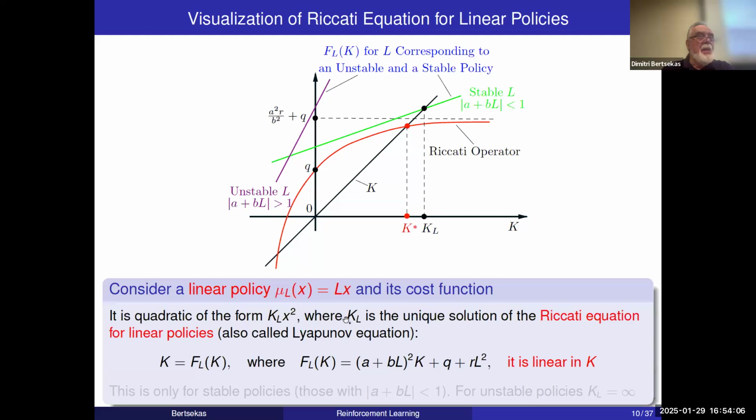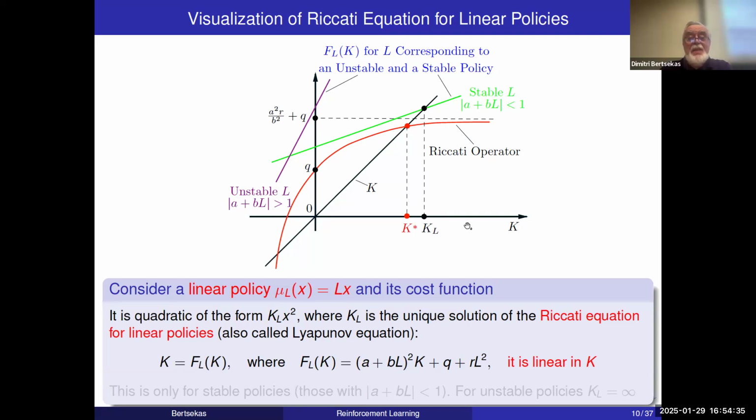In other words, if you adapt the Riccati equation to apply just to linear policies, what you get is this, with an operator F_L that's specific to L, and it is of this form, and it is linear in K. Okay, this is the coefficient of K, and this is the constant. This is an equation in K, which can be solved in closed form to give you the K_L coefficient.